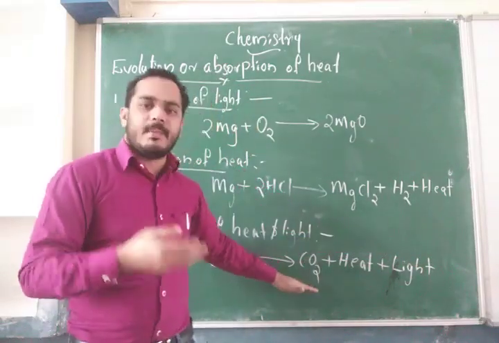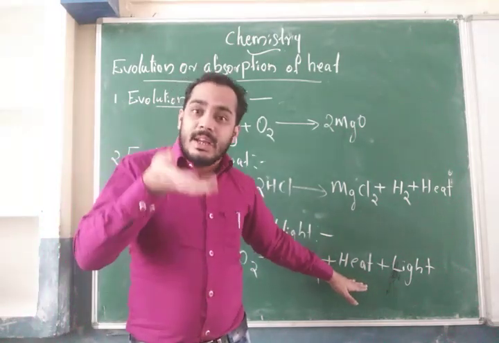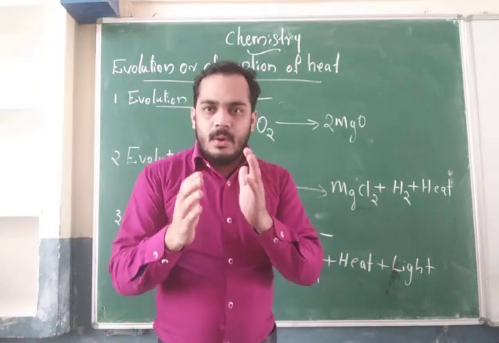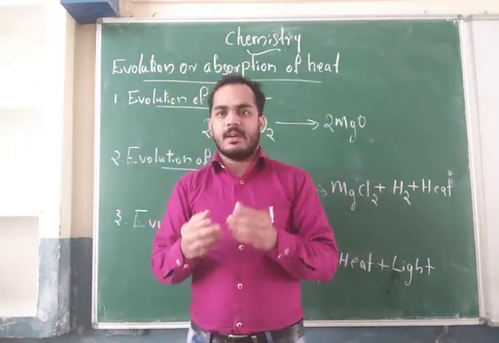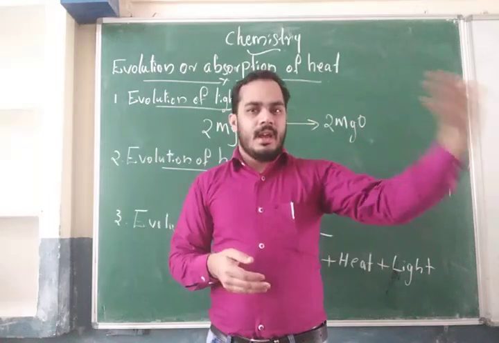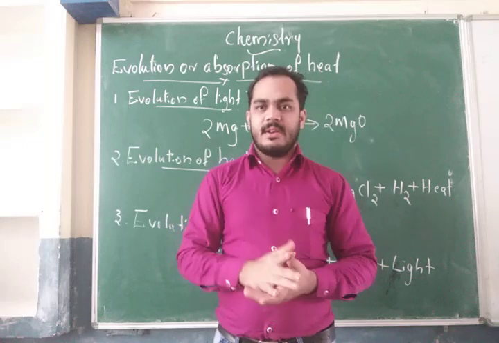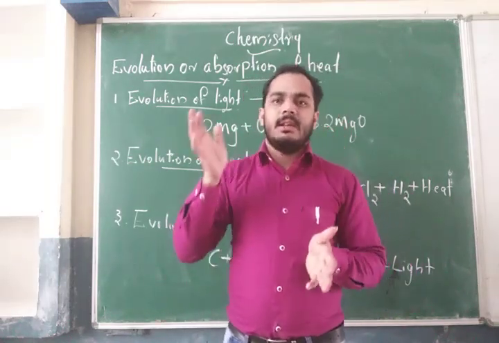The first is carbon dioxide gas, which is emitted out, and second, heat energy and light energy are also formed. This is an example of the evolution of light and heat energy.